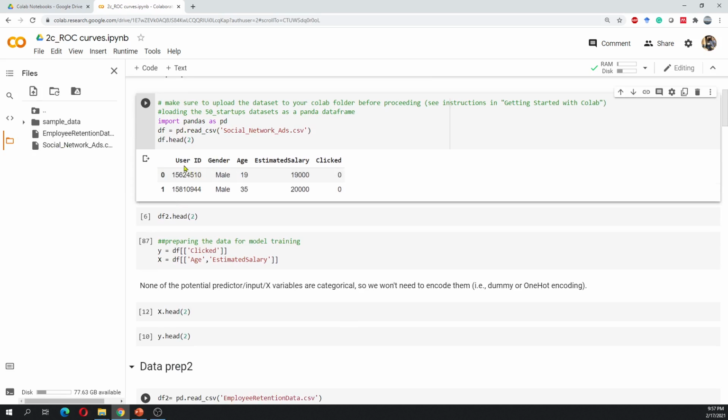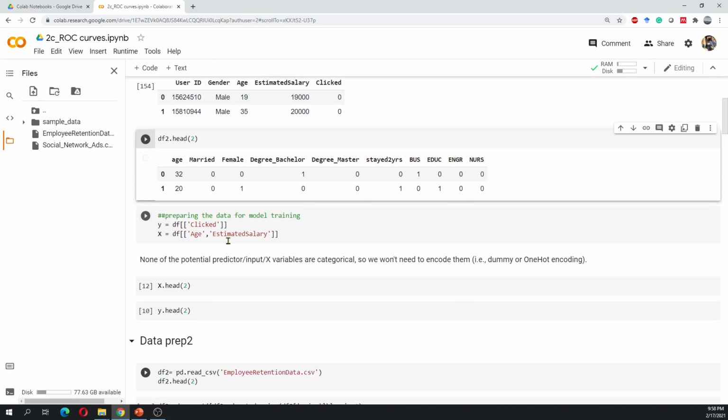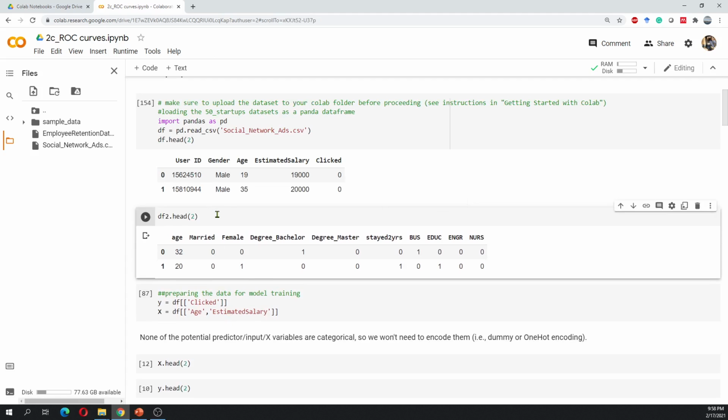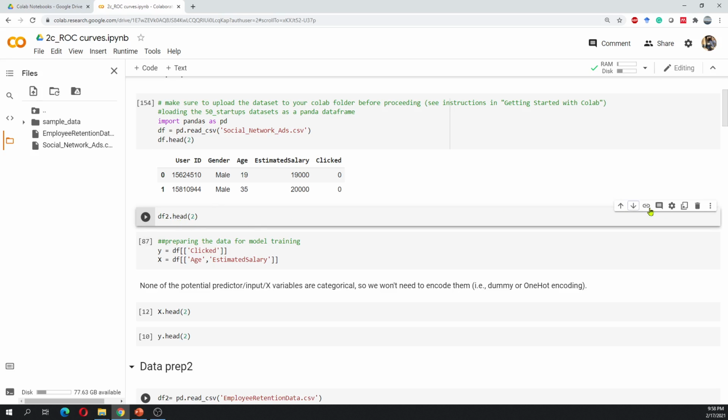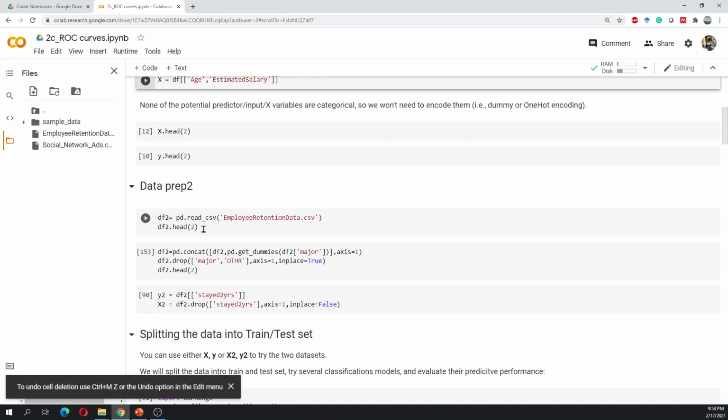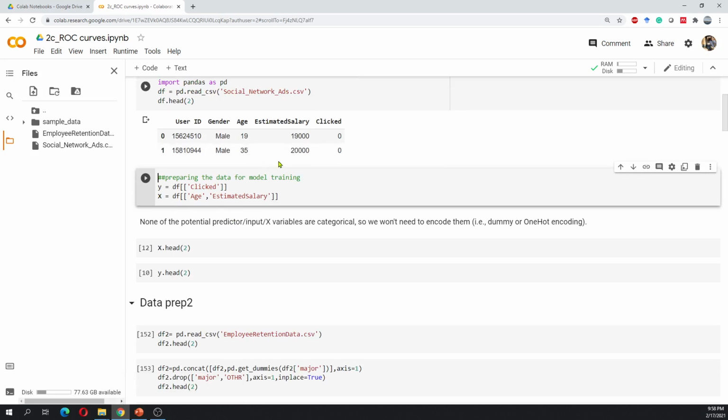We're going to use gender, age, and estimated salary, or well, we're going to do these two, and we want to predict whether the customer clicked on an ad or not. Let's ignore this, it's the other data set. It's over here. We can look at it later.